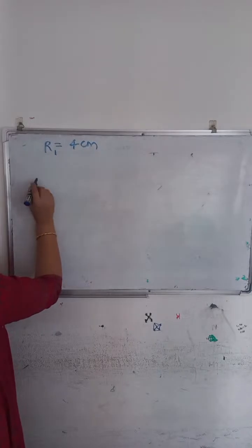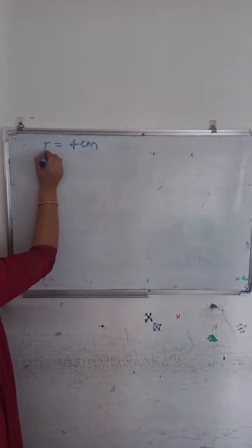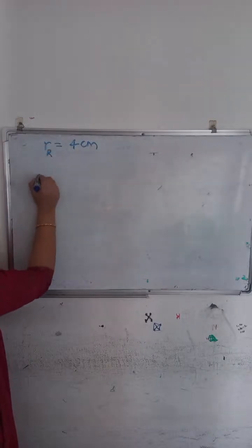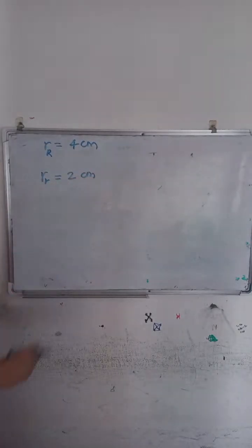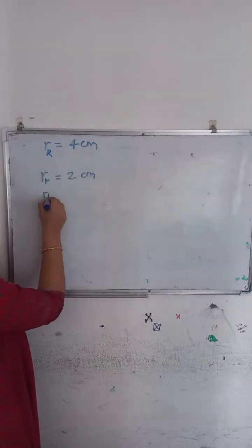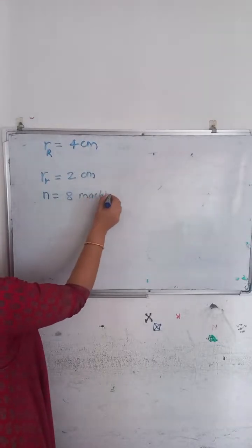This is the radius for Ravi. Then for Reshma I will take a small r. Reshma's marble radius is 2 centimeter, and she has a total of 8 marbles with her.